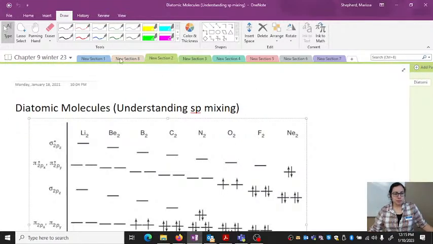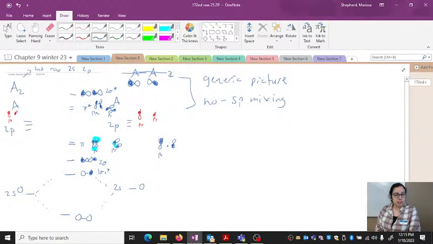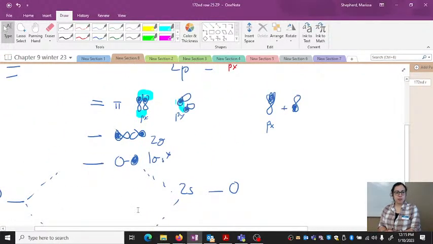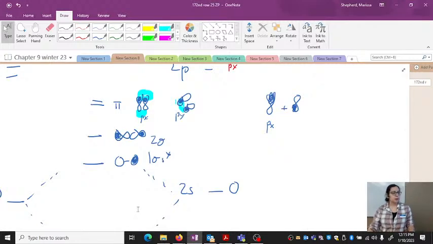But before we dive into it, so what do you notice about like what orbitals go in the same direction here? And where might there be SP mixing, I guess is what I'm trying to ask.